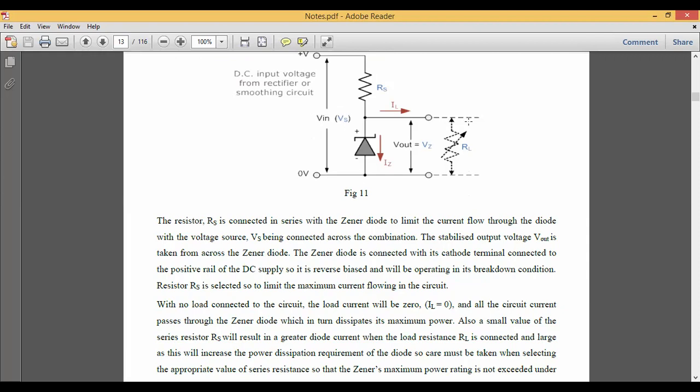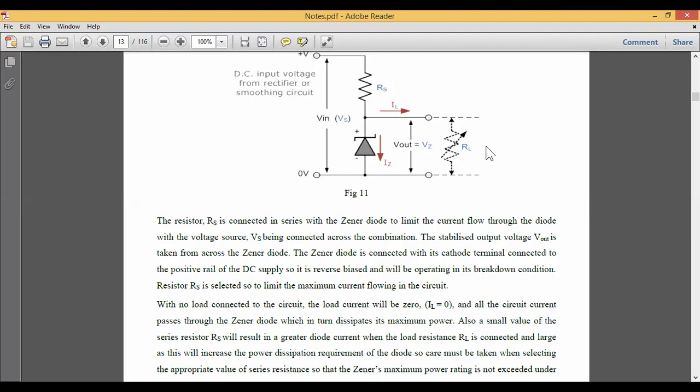If you are not connecting any load, then where should the current flow? There is no path for the current to flow across the load, because we have not connected any load. Then the current gets dissipated in terms of power, so when you measure the power, it will be the maximum power.